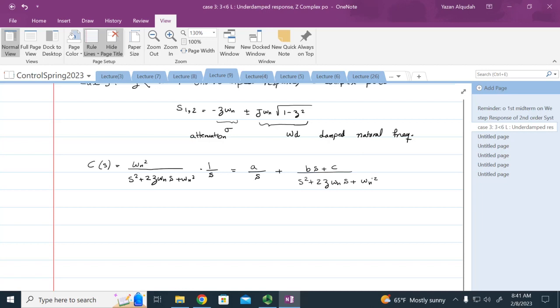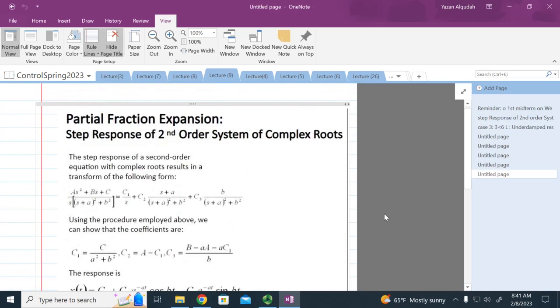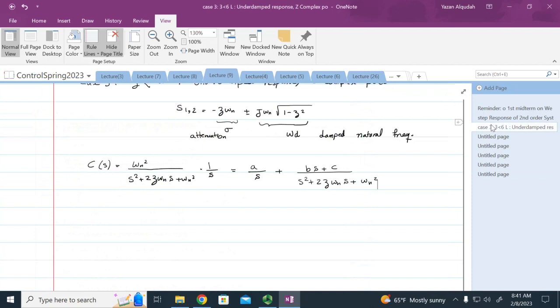What I'm saying is, you can always look at how to expand, and I think I have some formulas here that you can look at if you're interested, the expansion of second order complex roots. But for the time being, we're going to verify that, indeed, I can write it as such, because I'm going to find the values for b and c and a. Make sense? Okay.